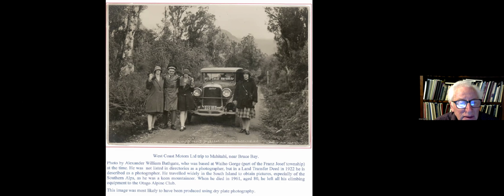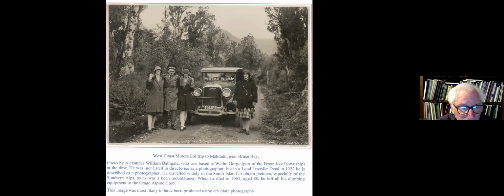But the technical information can be expanded. So what can you say about Bathgate? Well, he was based in Waiho Gorge. It was part of the Franz Josef Township, not listed as a photographer in various directories, but he travelled widely in the South Island to obtain pictures, especially the Southern Alps, and he was a mountaineer.